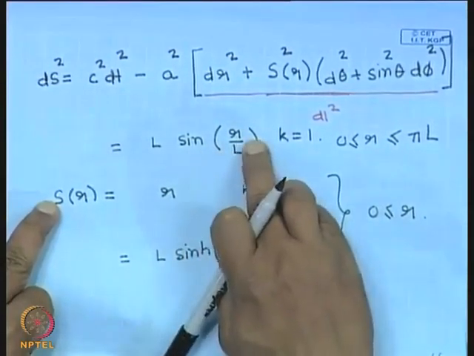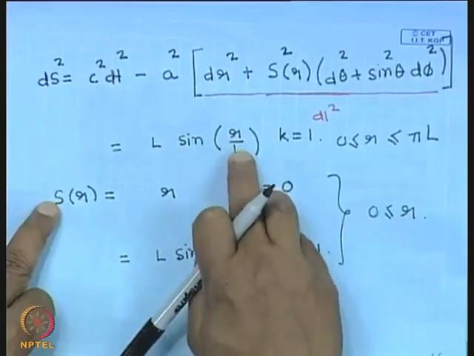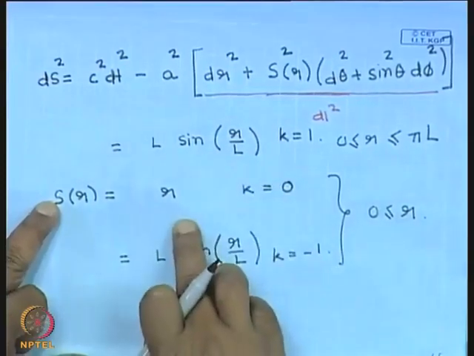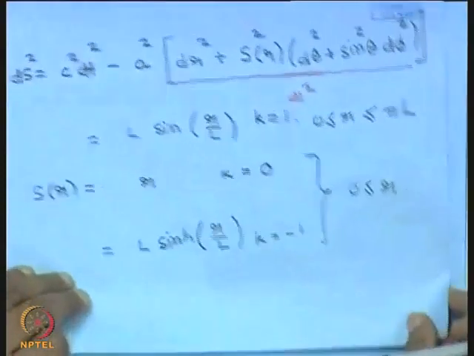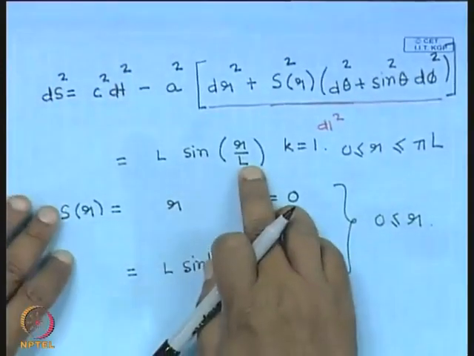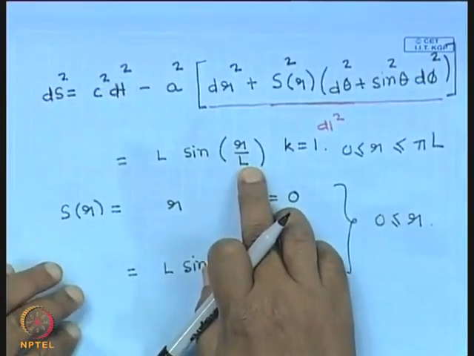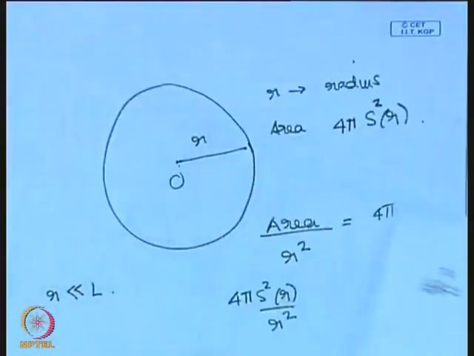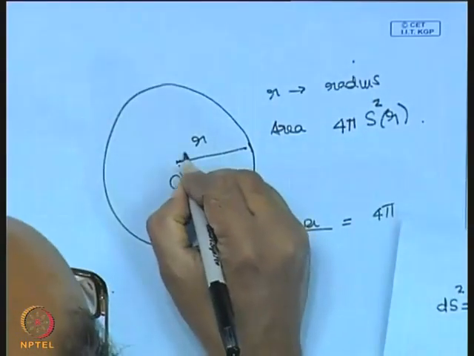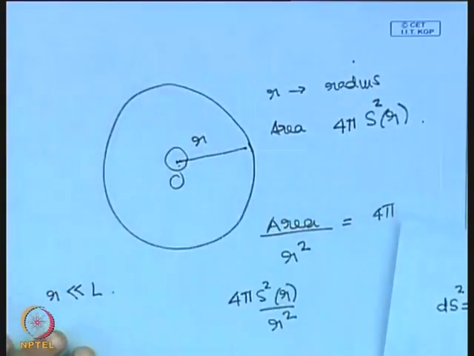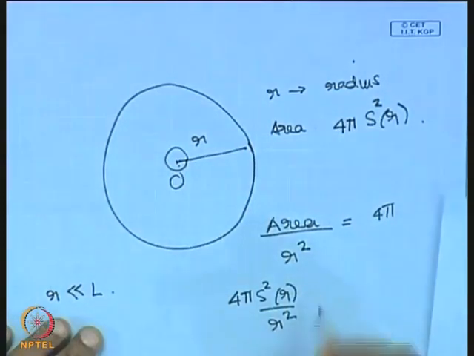For small r, sine r by L is r by L, it goes over to r. So you see, on length scales much smaller than the curvature, it is just like flat space. So if I consider a sphere which is very small, this ratio tends to 4 pi, the curvature has no effect.